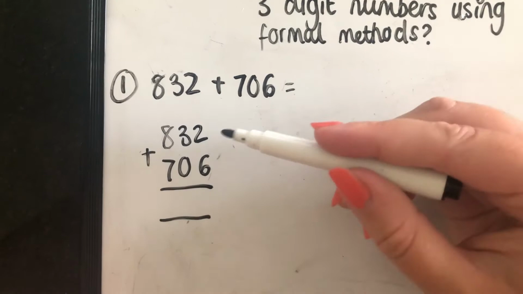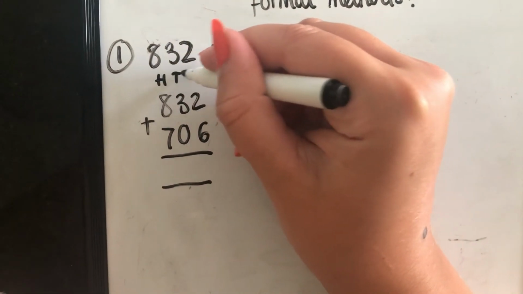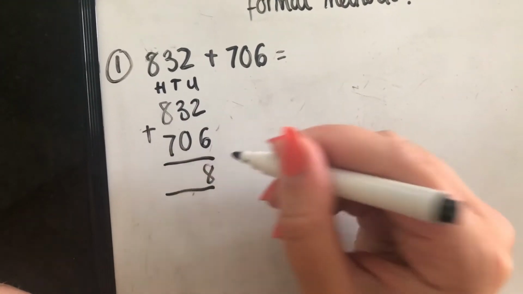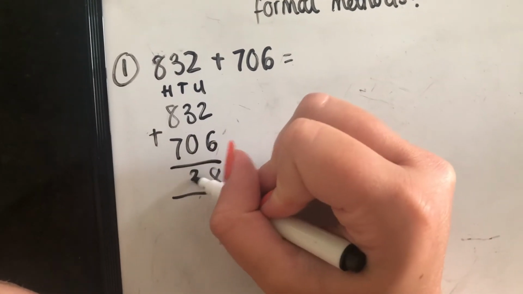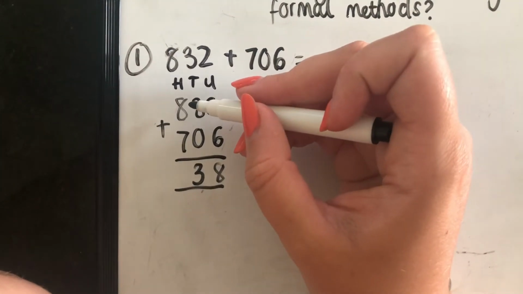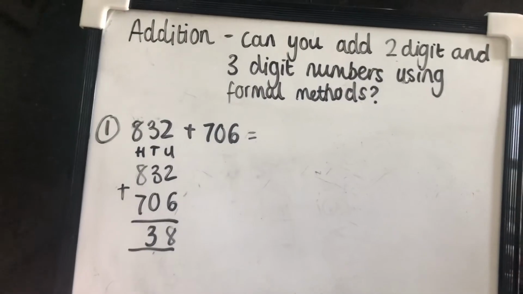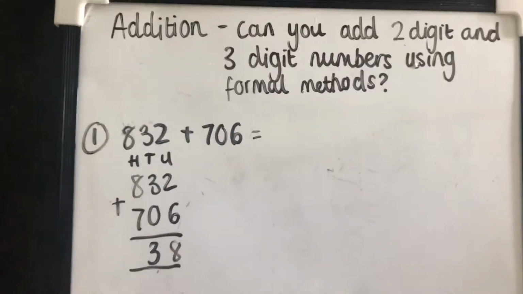So 6 units add 2 units. 6 add 2. Let's write our place value just so we remember. 6 add 2 is 8. And we've got 3 tens add 0 tens. So we've still got 3 tens. And then now we've got 800 add 700. So 8, 9, 10, 11, 12, 13, 14, 15. 15 hundreds.